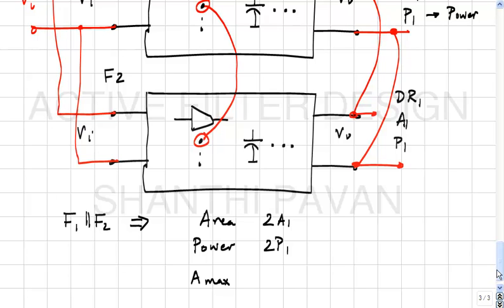So if F1 starts to distort, F2 will also start to distort, right? And when I connect them in this composite fashion, the composite one will also start to distort at the same signal level. Is that clear? In other words, when I connect F1 and F2 in parallel, A max remains the same.